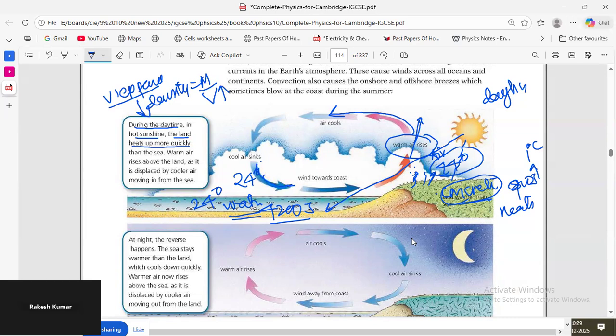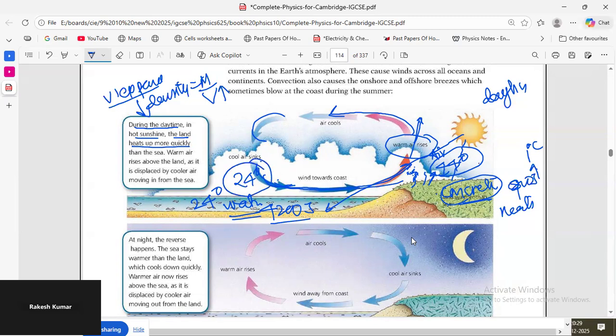The hot air rises, and the heavier air starts taking its place, because the air pressure drops above the land as the air has risen up. So the heavier, cooler air gets attracted.